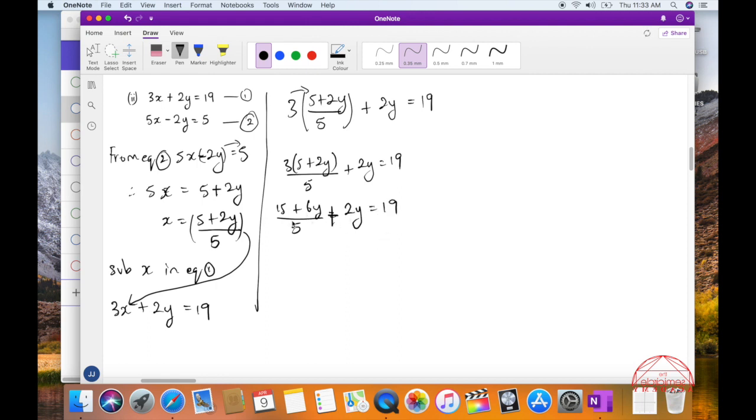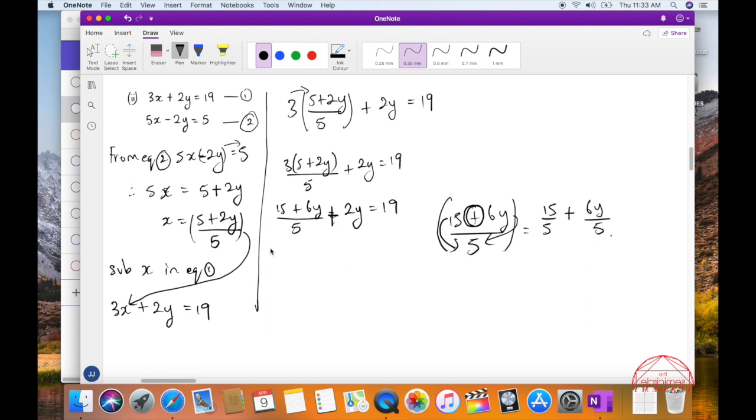All right. Now, look at this. I have 15 plus 6y all over 5. What this means is that the 15 is being divided by the 5, as well as the 6y is also being divided by the 5. So what I could do is actually split this up. I could say that 15 is being divided by the 5 plus the 6y is being divided by the 5. Yeah?